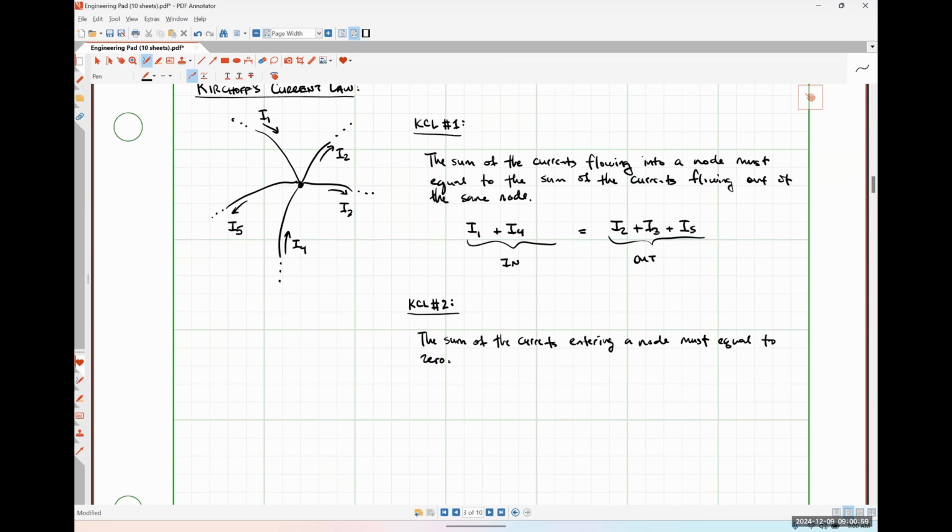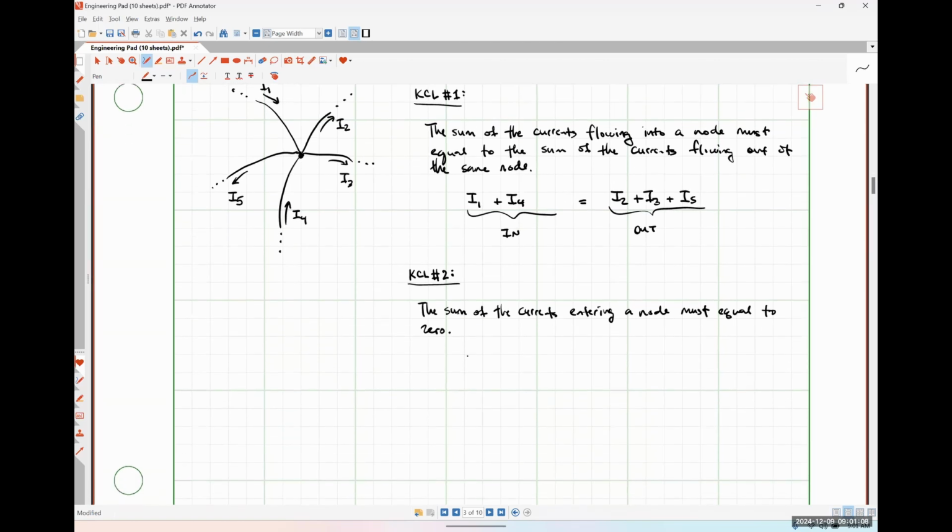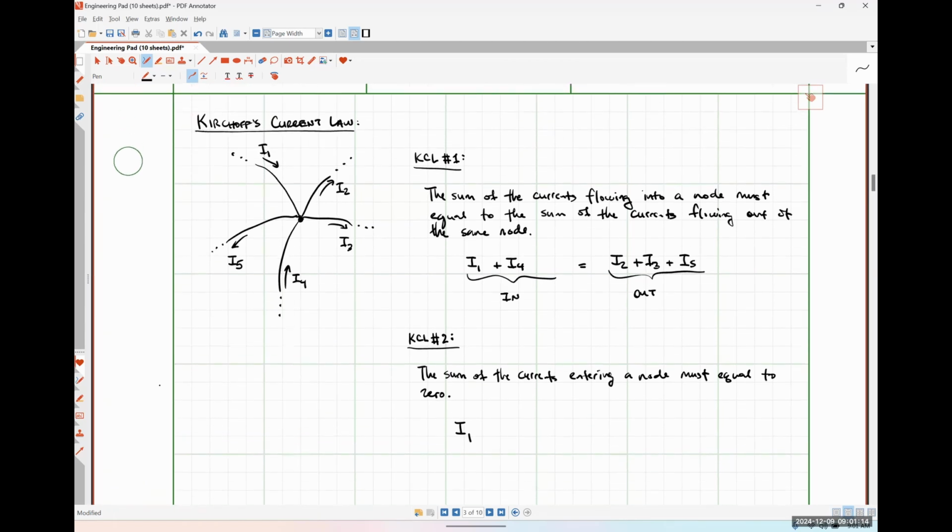Now, this does not mean I1 plus I4 is equal to 0, okay? So let me explain what I do mean by it, all right? So I1 is flowing in, so it's going to get a positive sign. Since I2 is flowing out, negative I2 is flowing in, so we would have minus I2.